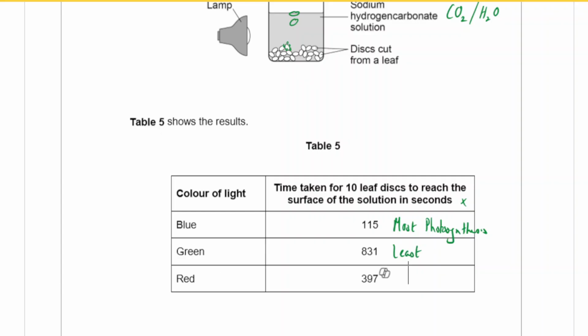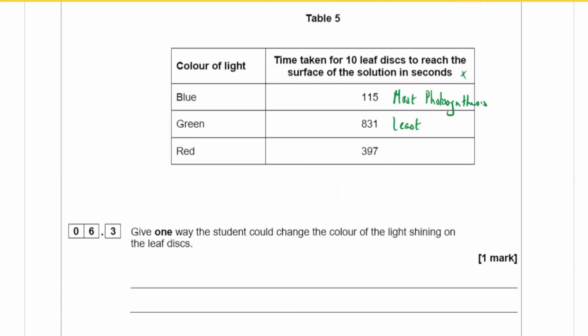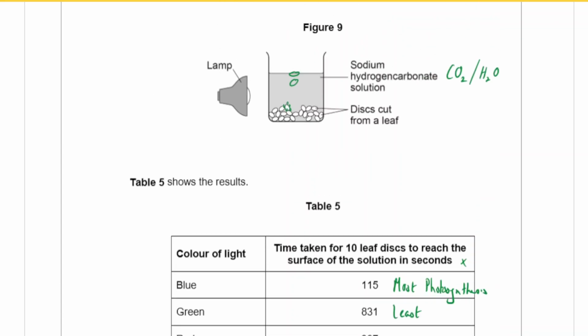Now let's have a look at the question. Give one way the student could change the color of light shining on the leaf disc. Now you could use different colored light bulbs. So here you've got a lamp. You could change the light bulb, or you could place a filter in front of the lamp.